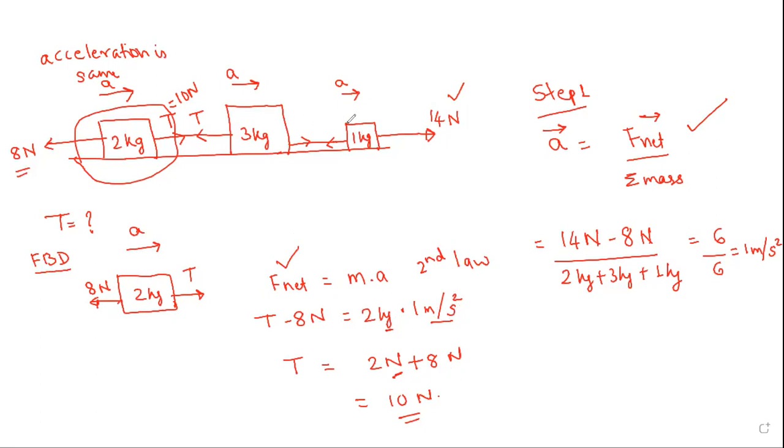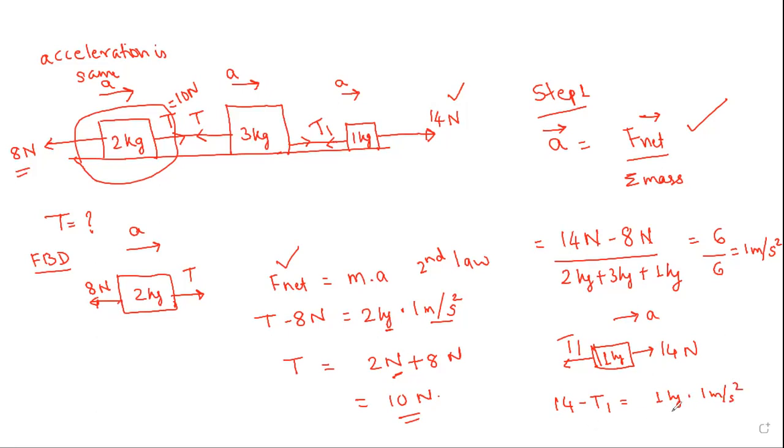Similarly, you can solve this problem. Suppose you want to find this tension T1. How will you solve this? Again here, we have to draw a free body diagram for this 1 kg block. This would be 14 Newtons, this would be T1, and this is the acceleration A. Here the net force would be 14 minus T1, the mass is 1 kg, and the acceleration is 1 meter per second square.